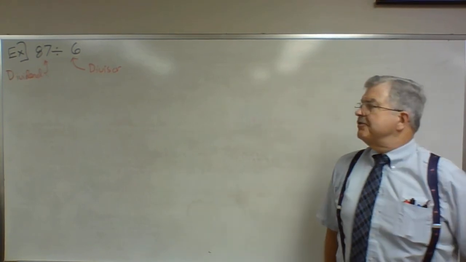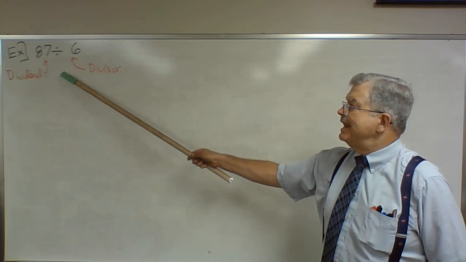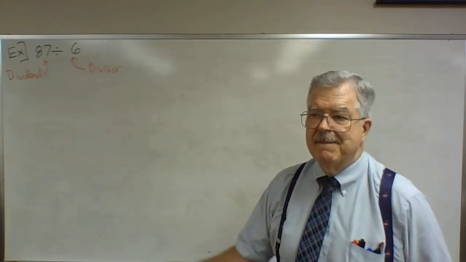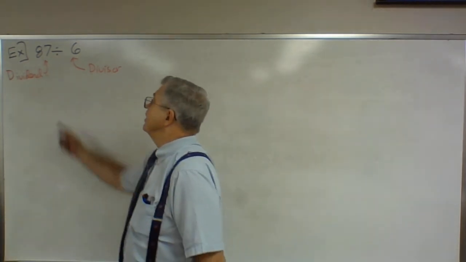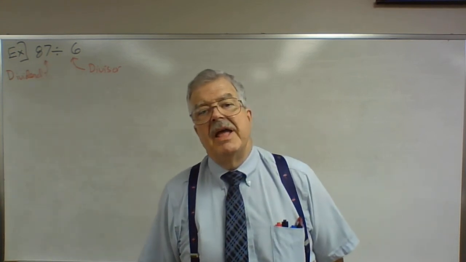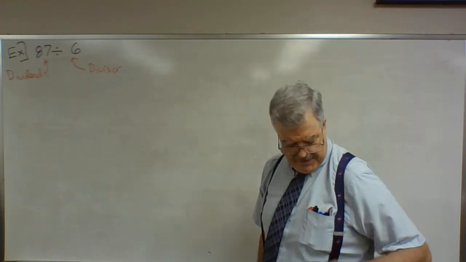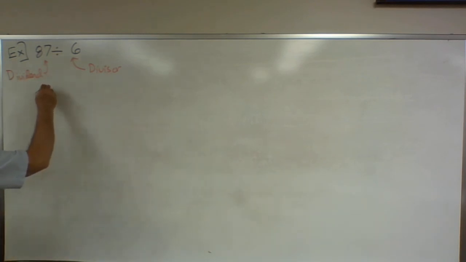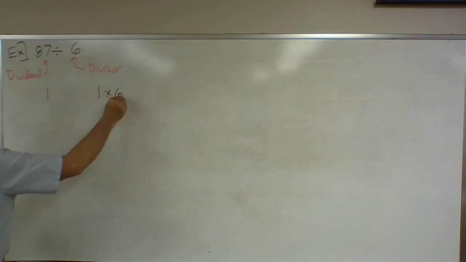One more exercise just for good measure. Divide 87 by 6, Egyptian style. And the first thing that we're going to do is decompose the dividend into the sum of distinct powers of 2 times the divisor. So here's our first power of 2, 2 to the 0, times the divisor.